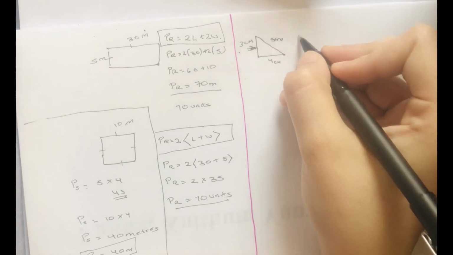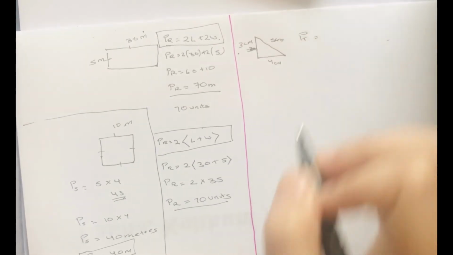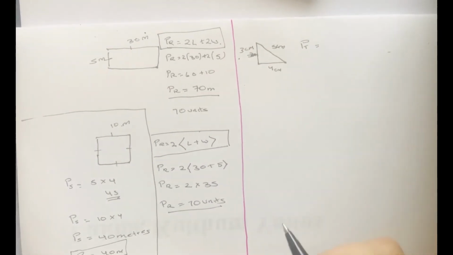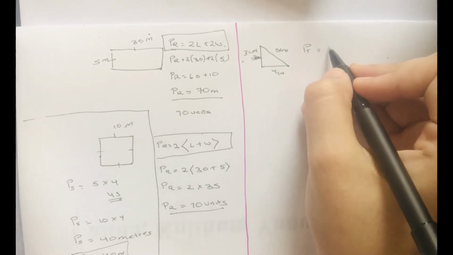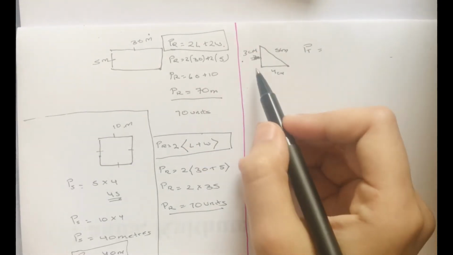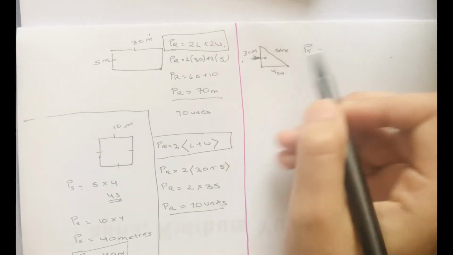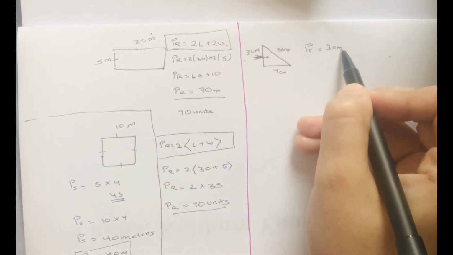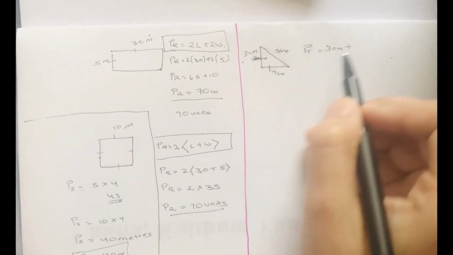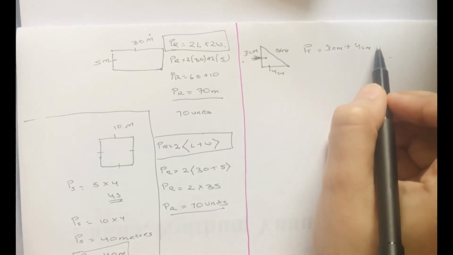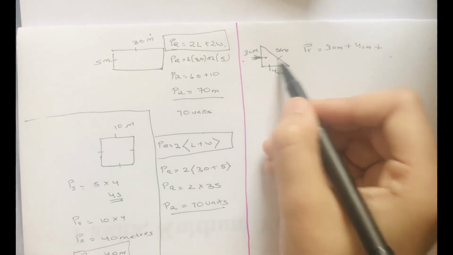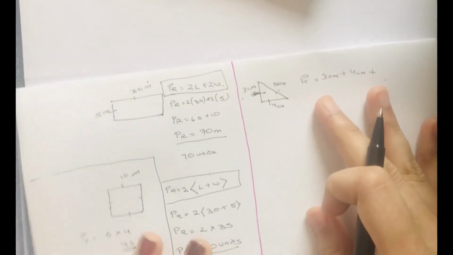And you're being told to look for the perimeter of the triangle. How will you do that? The way to go is you add up all sides. So let's begin with this side, 3 centimeters, plus this side, 4 centimeters, plus this side, that is 5 centimeters.